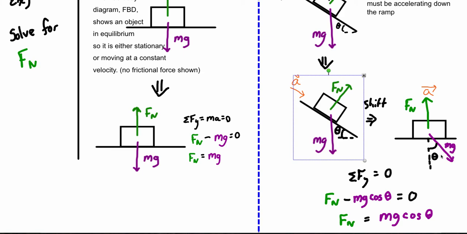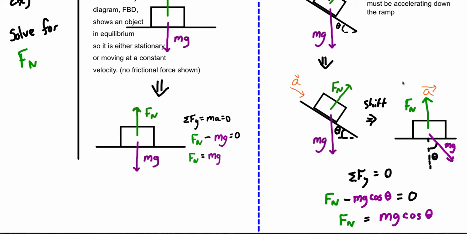So here my weight, or my gravitational force, is going to the right, and whatever this angle was shifted down, now that angle becomes the same angle but with the vertical, not with the horizontal.